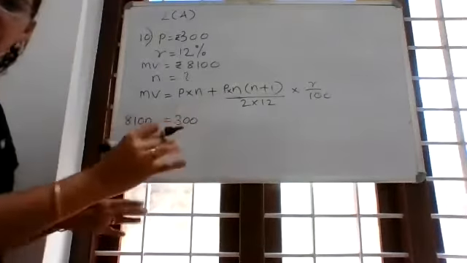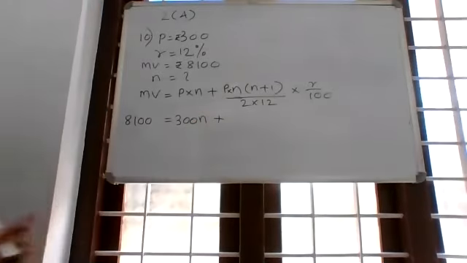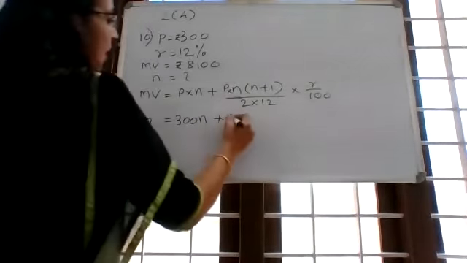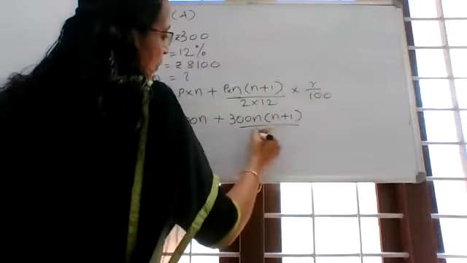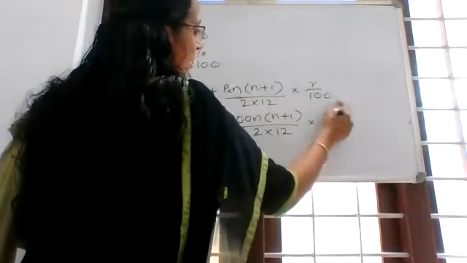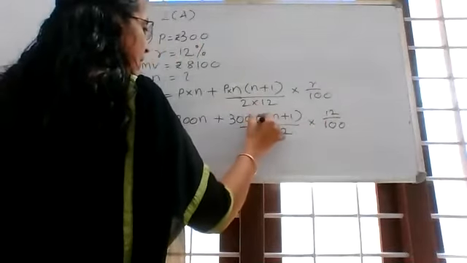Don't write it 300 into n, take it together, 300n, to avoid one step. Then 300n plus n into n plus 1 by 2 into 12 by 100. If you have any confusion, write it as into n.